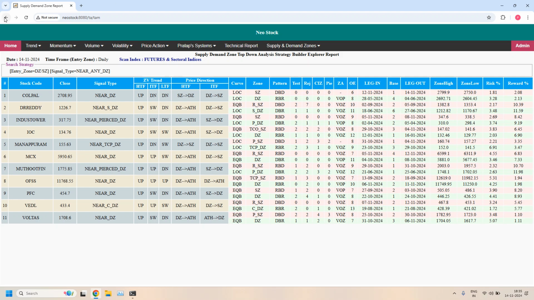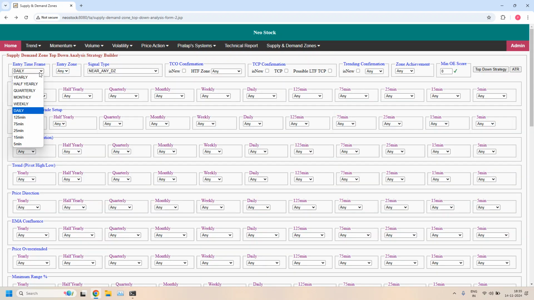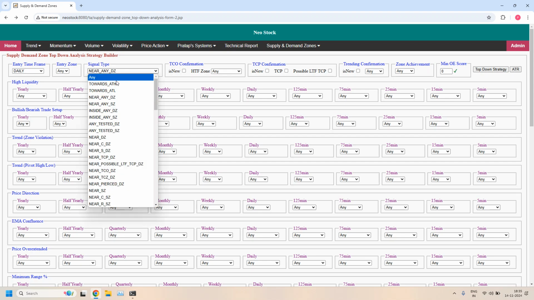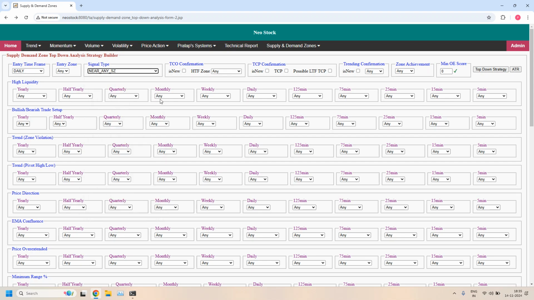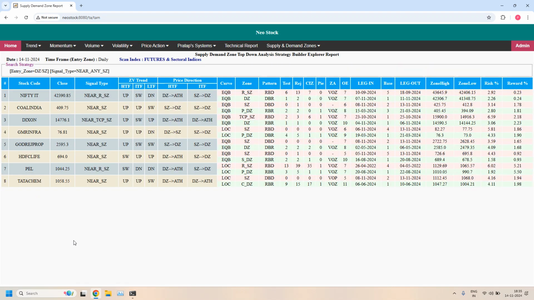Okay, next, for daily time frame, let us find the stocks where price is near the daily supply zone. 8 stocks are filtered. Let us identify the high liquidity daily supply zones. First one is NIFTY IT, an index, so we can't trade in F&O.